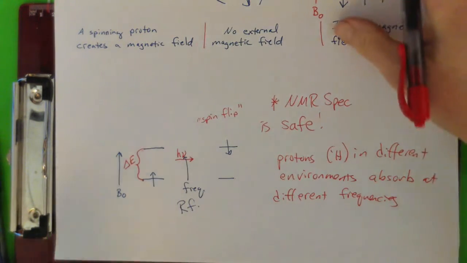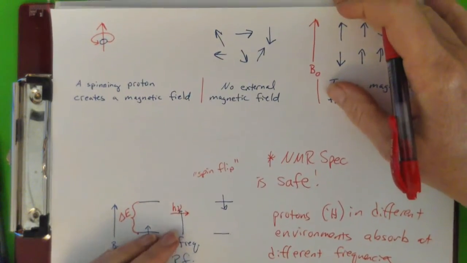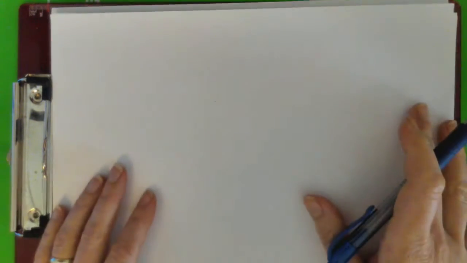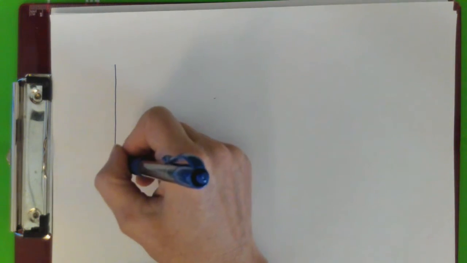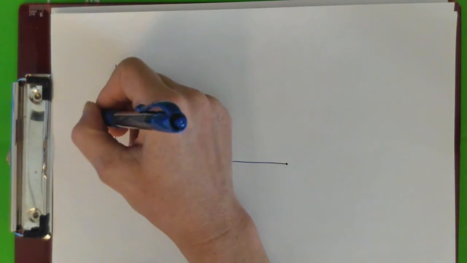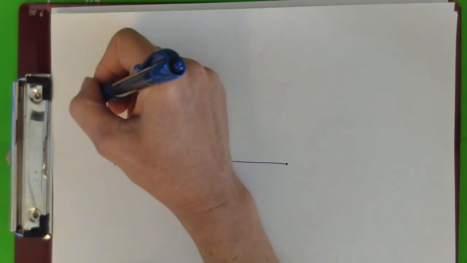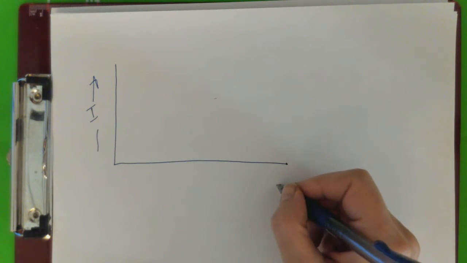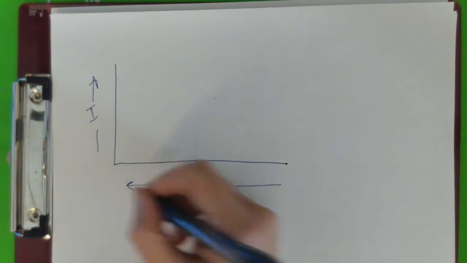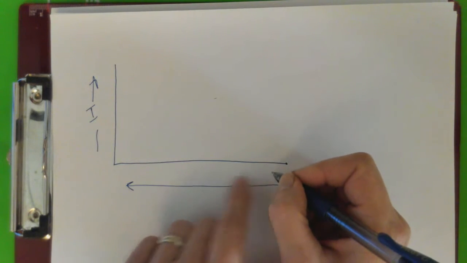Okay. All right. So let's go ahead and take a look at what an NMR spectrum looks like. An NMR spectrum is going to plot intensity on the y-axis, increasing in this direction, against the chemical shift on the x-axis, but the direction here increases from right to left.